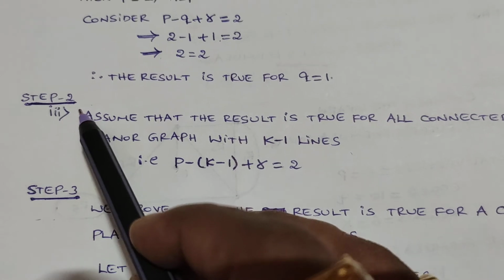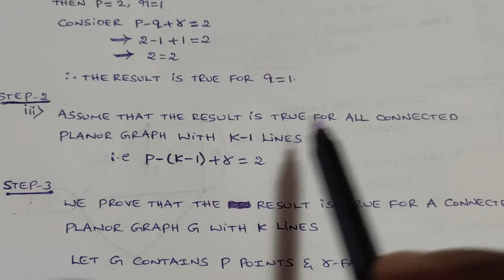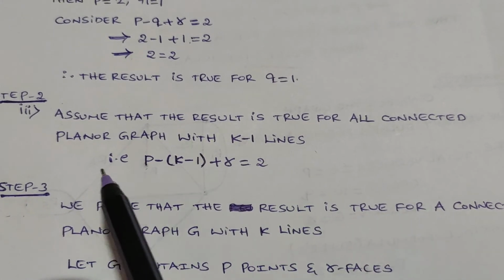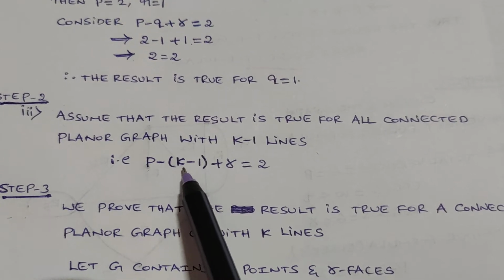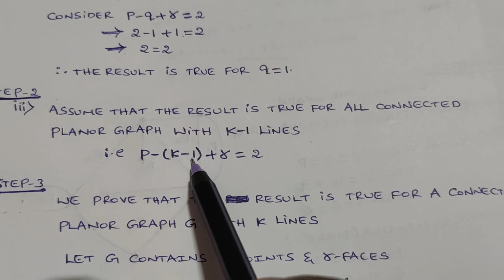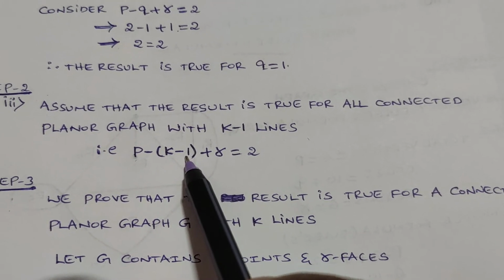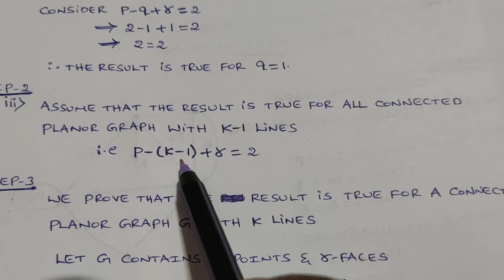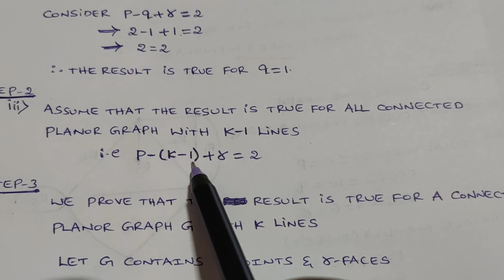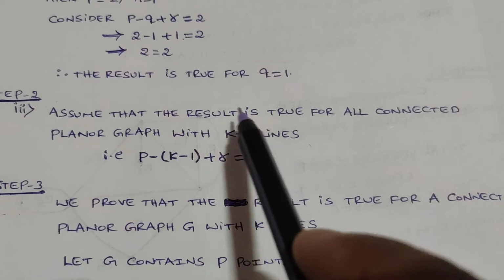Step 2. We assume that the result is true for all connected planar graphs with k minus 1 lines. That means in place of Q, we consider the value of Q as k minus 1, so P minus (k minus 1) plus R equals 2. So this is what we have assumed here.